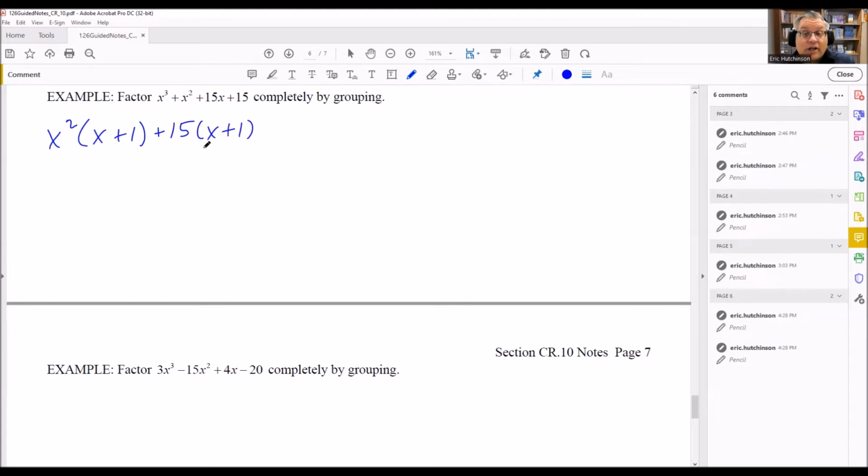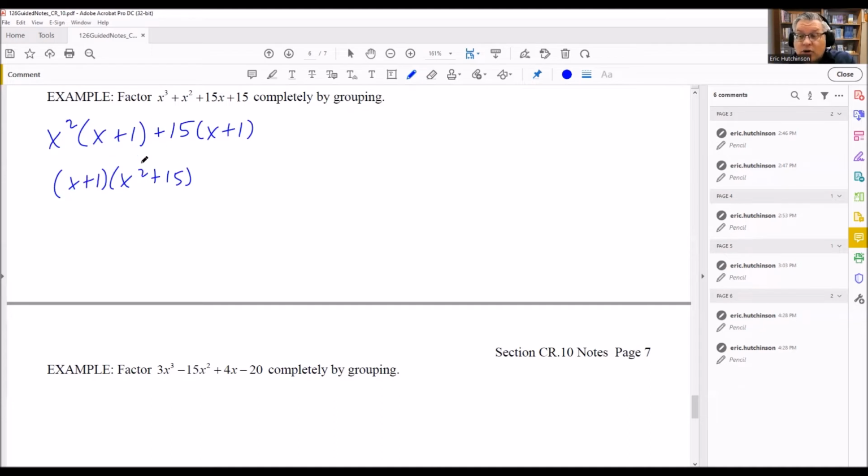Now that that's complete, we need to factor out the common factor of x plus 1. To do that, you put down x plus 1, and then you just put whatever is left over. If we get rid of the x plus 1s, all you have left is x squared plus 15, and that's what goes inside the parentheses here.